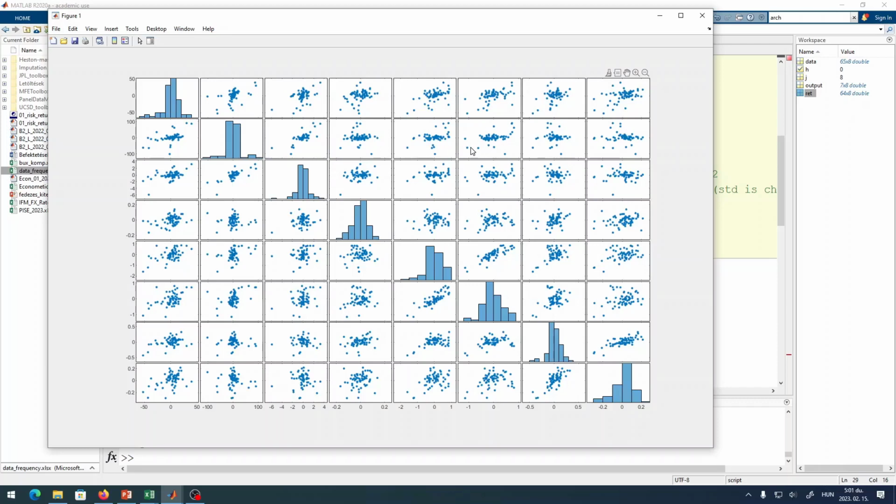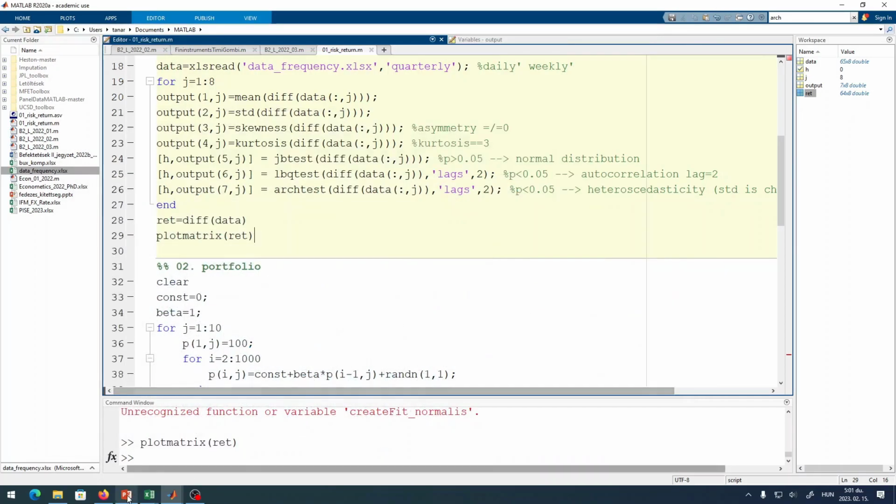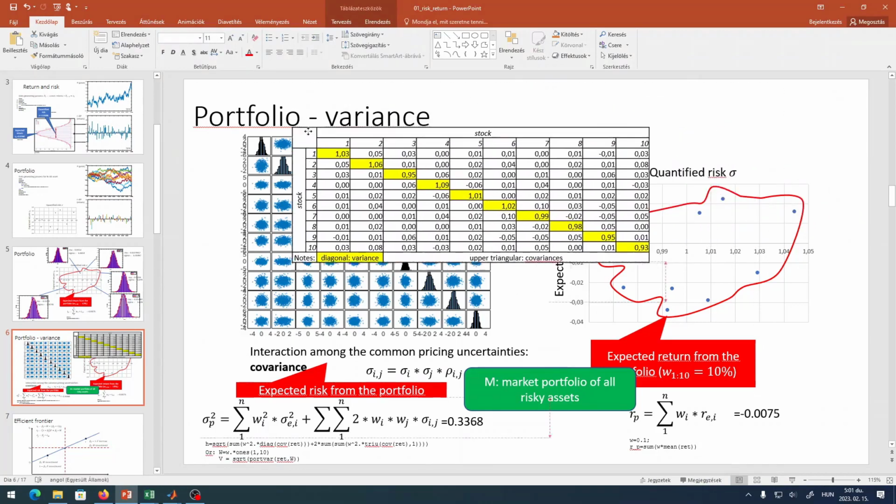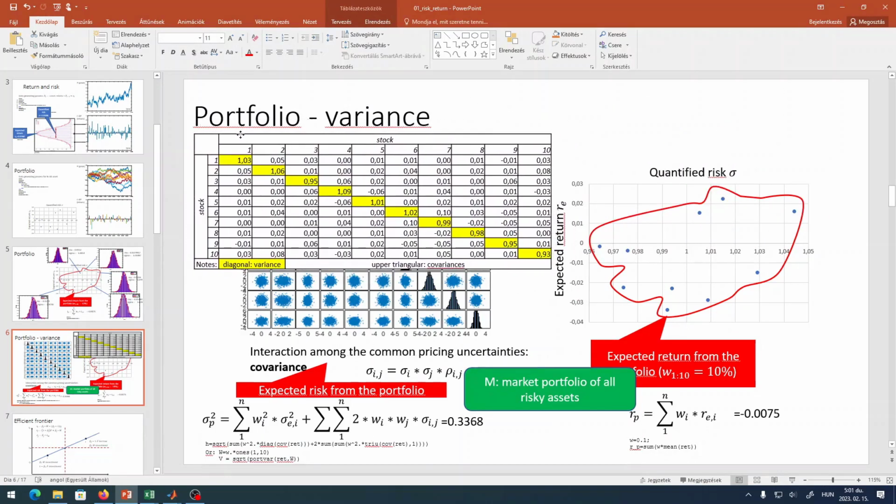But in the other cases, we can see some kind of line if we are able to fit on them. And this is important because what is described by this is also the correlation between the variables.